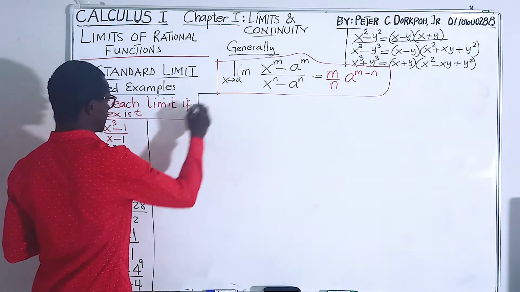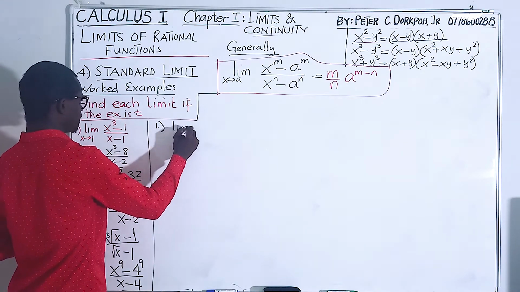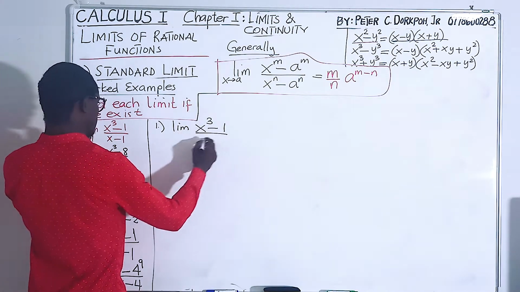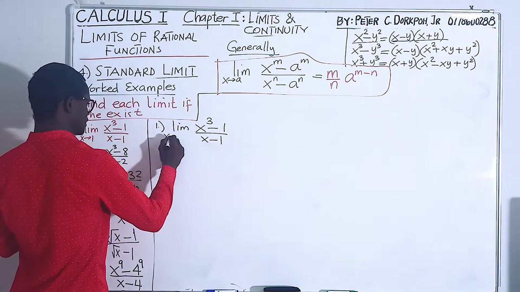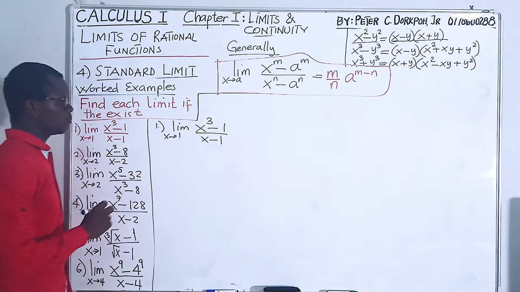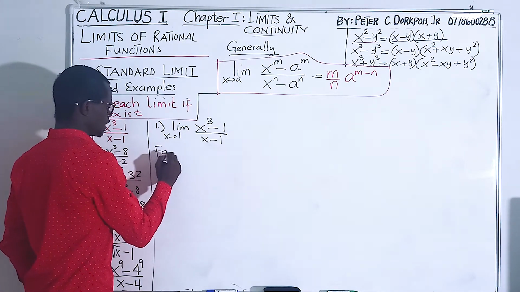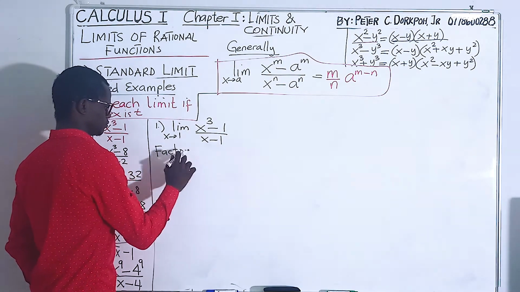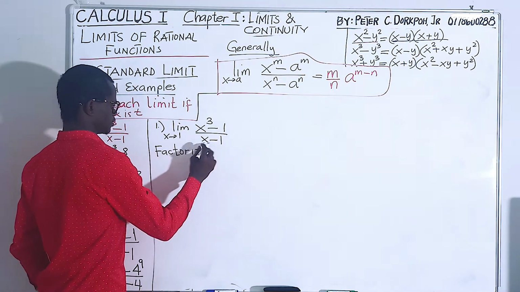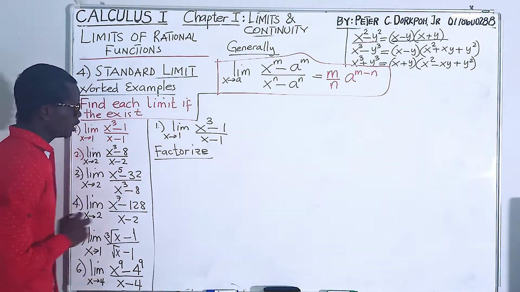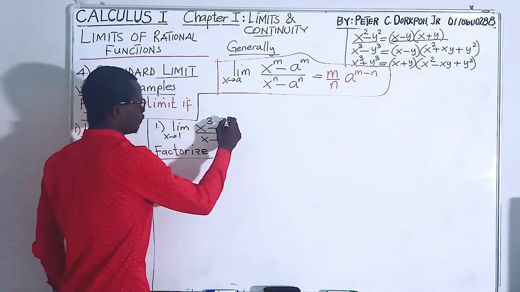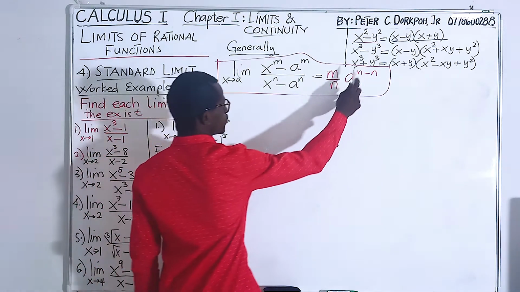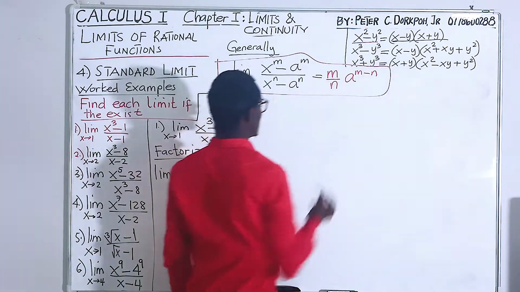The first problem says that we must find the limit of x cubed minus 1 divided by x minus 1 as x approaches 1. Now let's go the long method so that you can see something. Let's use the factorization method. To factorize this, remember now you have x cubed and 1 cubed, so it's similar to x cubed minus y cubed, that expansion.